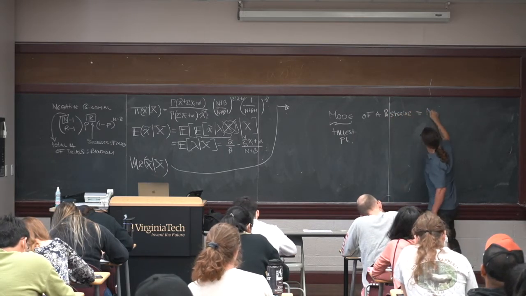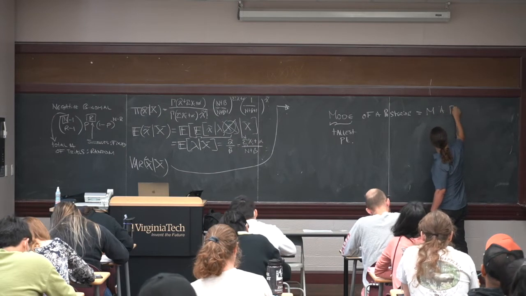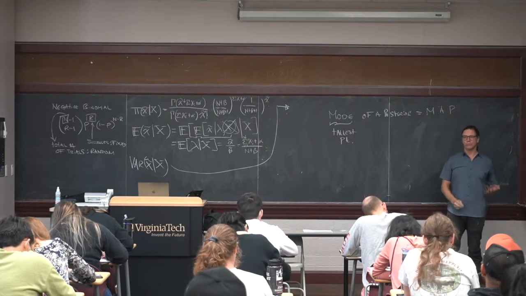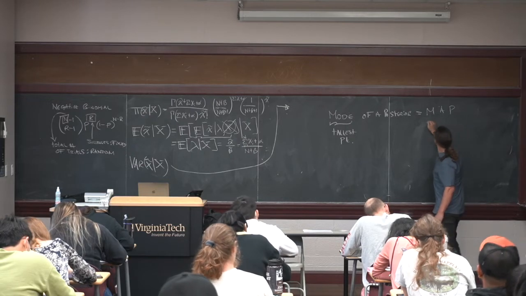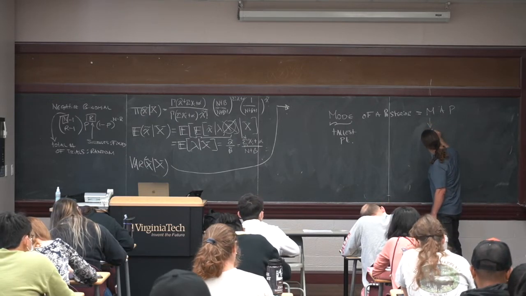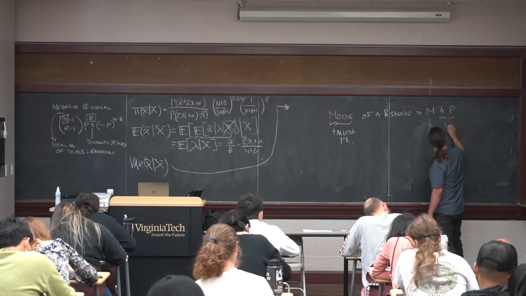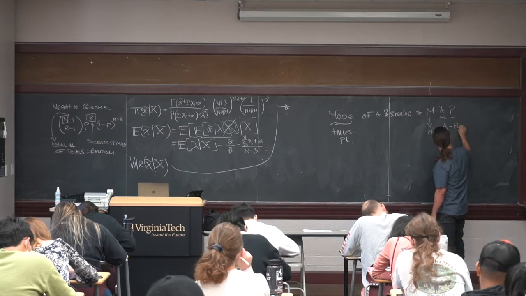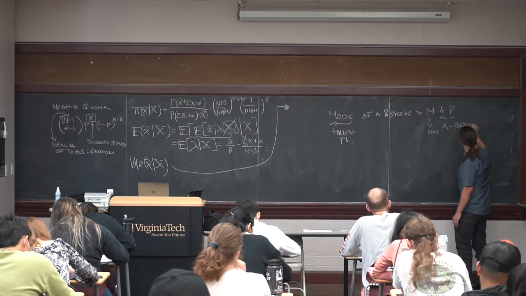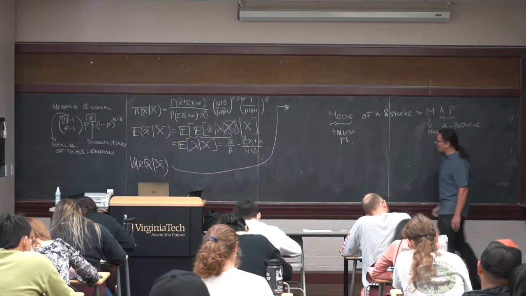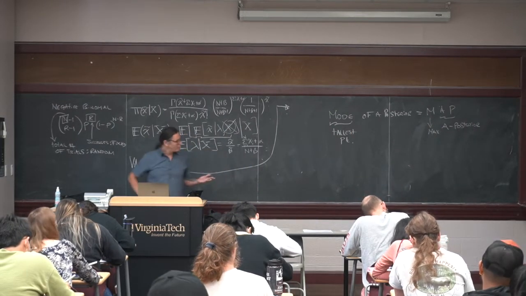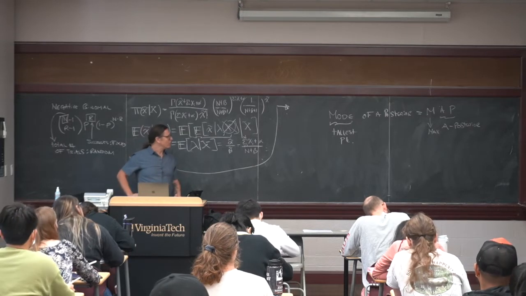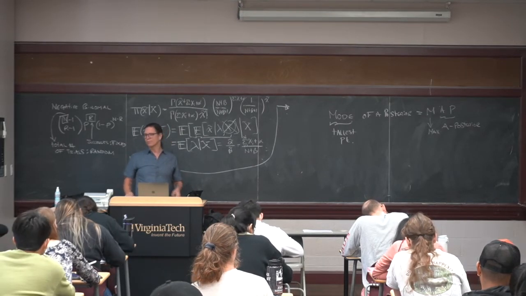It's called a MAP, and it stands for maximum a posteriori estimator, if you like. I say MAP all the time, but it probably would have been easier to just call it the max of the posterior.